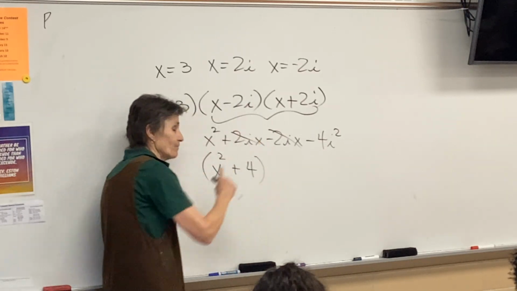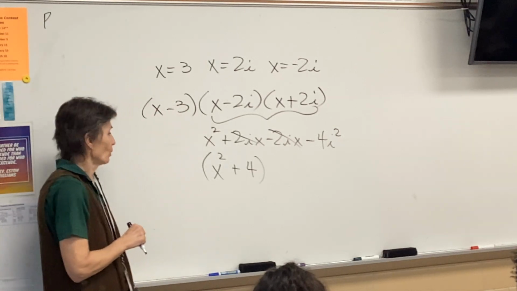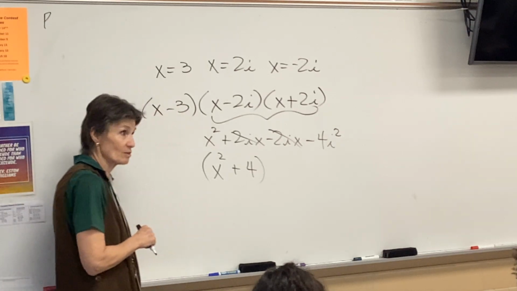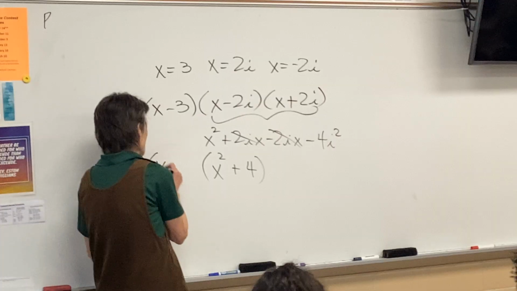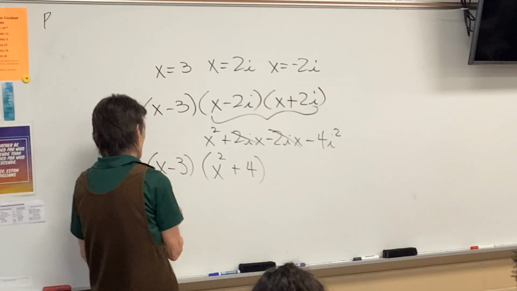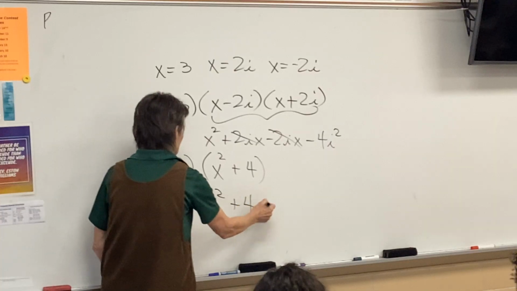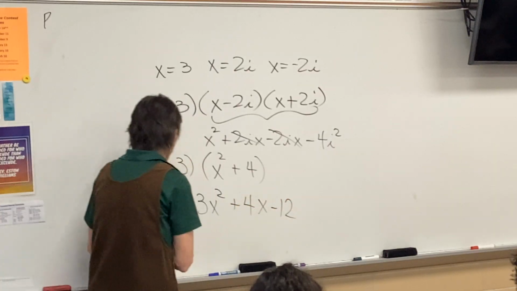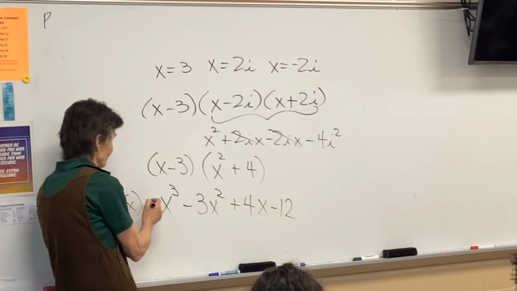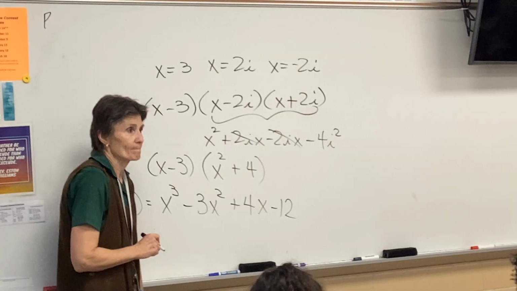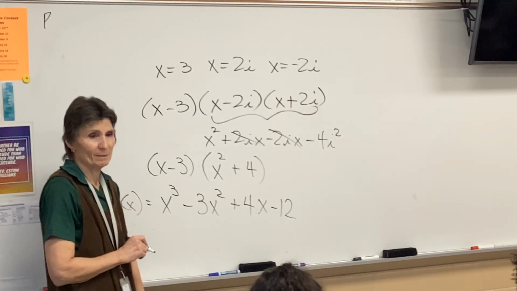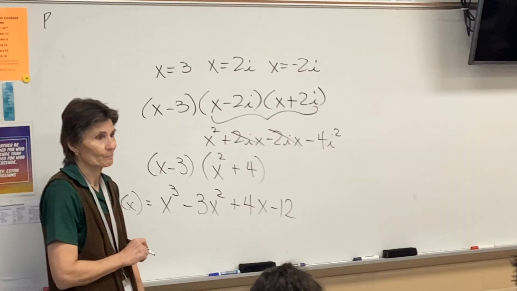So all that first original FOILing works out to be x squared plus 4. And then I still have to multiply the other one, so I'll FOIL again. And there's my polynomial. So basically, bottom line, build the factors and multiply.